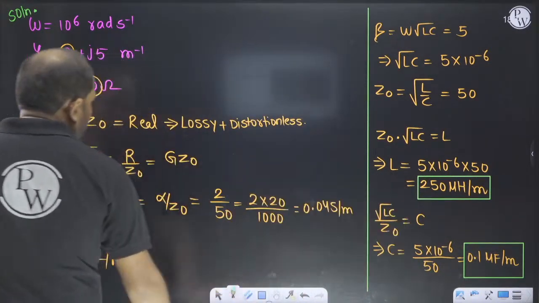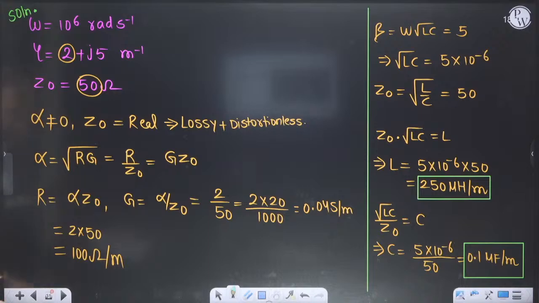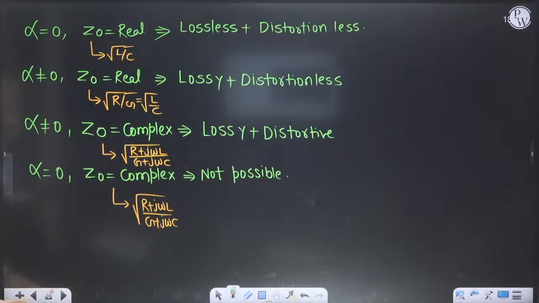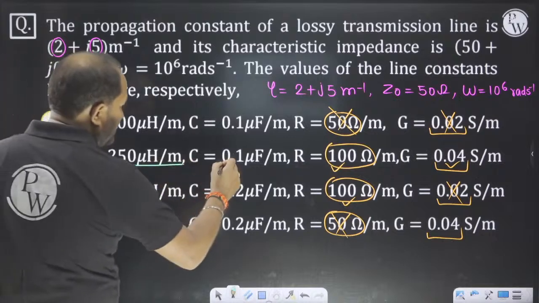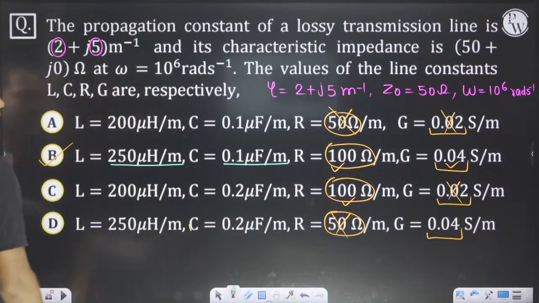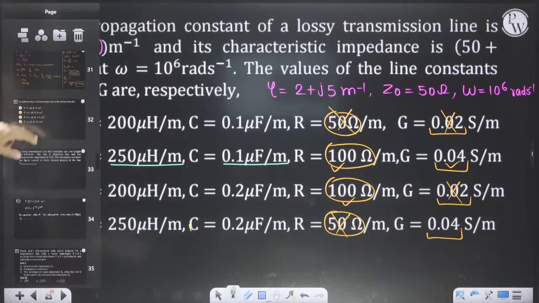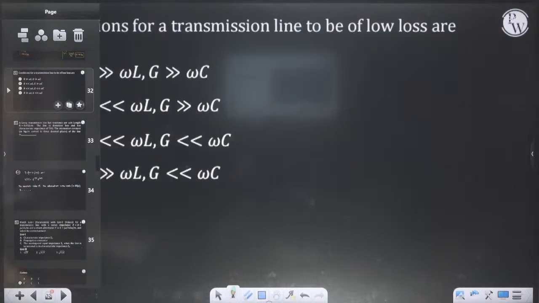L is 250 microhenry per meter. So our answer will be 250 microhenry per meter and 0.1 microfarad per meter. So L, C, R, G we have calculated. So it is a very easy question.